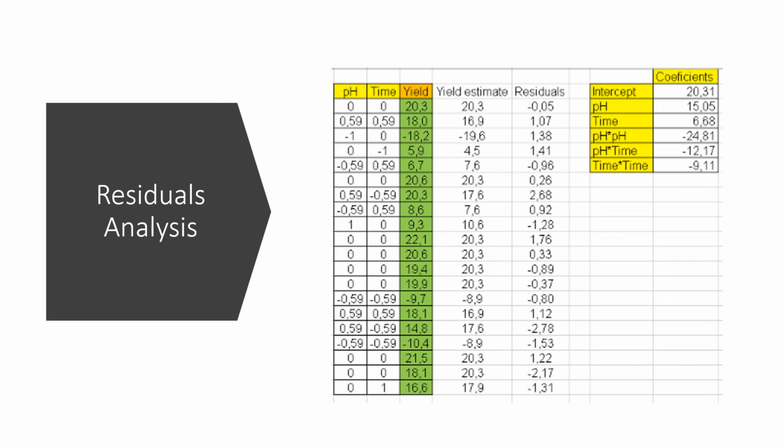We are assuming that this mathematical formula represents our process, but there are some additional checks we should do to validate our assumptions. To do this, we are going to analyze the differences between the actual results of our experiments and the estimated values using our formula in sheet residuals.